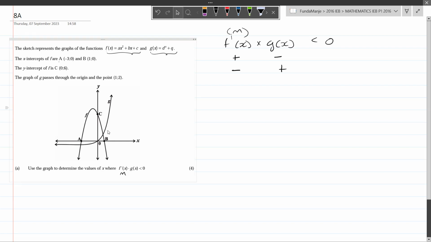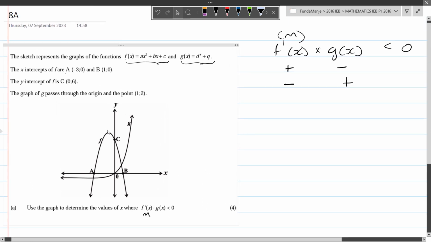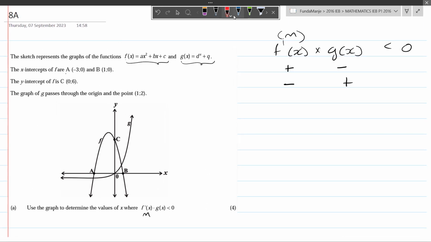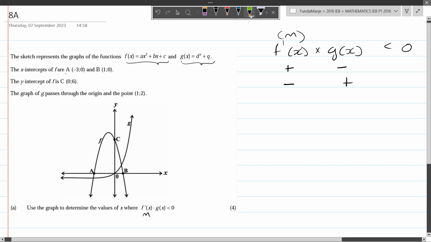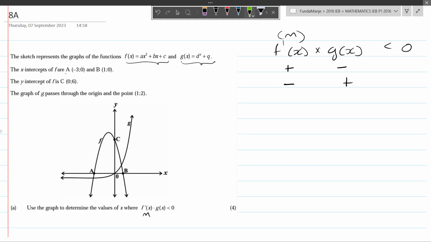So I'm going to zoom in a bit on our sketch so that we can clearly define the values at which these changes happen. For my graph of f, it's a quadratic.